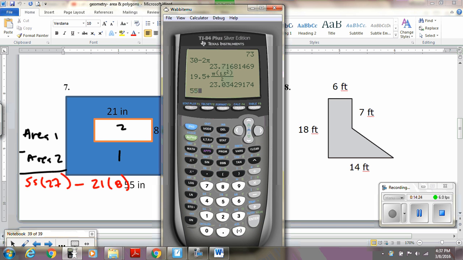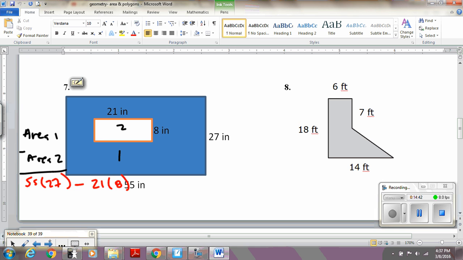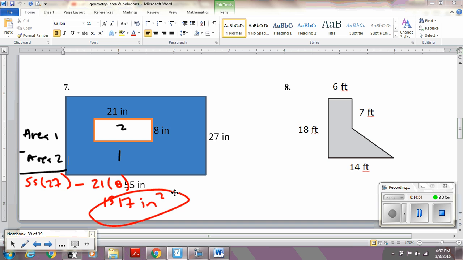So 55 times 27 minus 21 times 8. That gives 1317. So it is 1,317 inches squared. And this concludes your tutorial over composite figures.